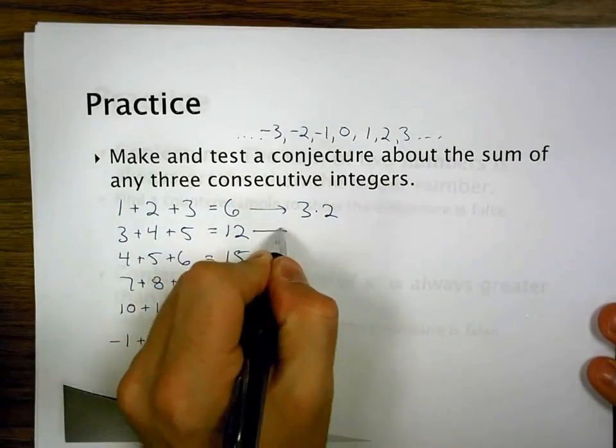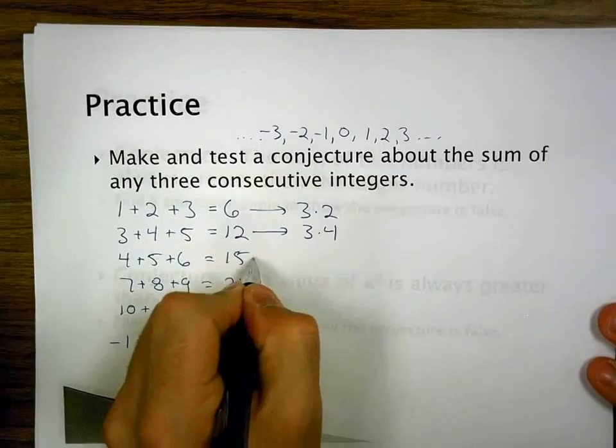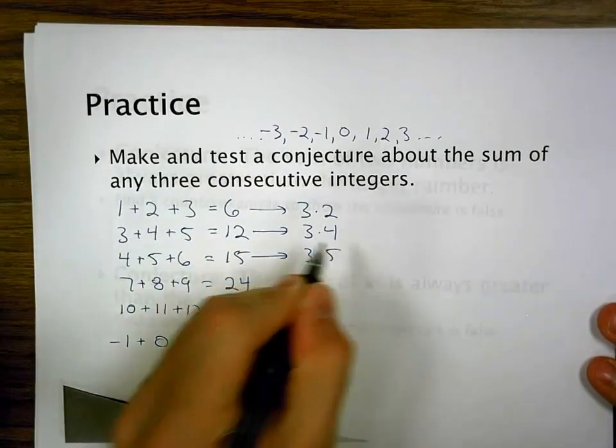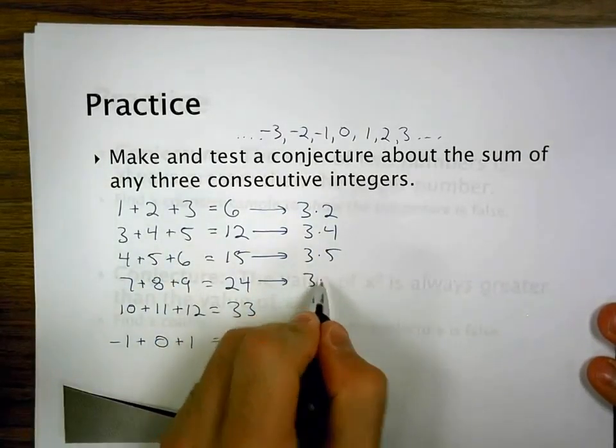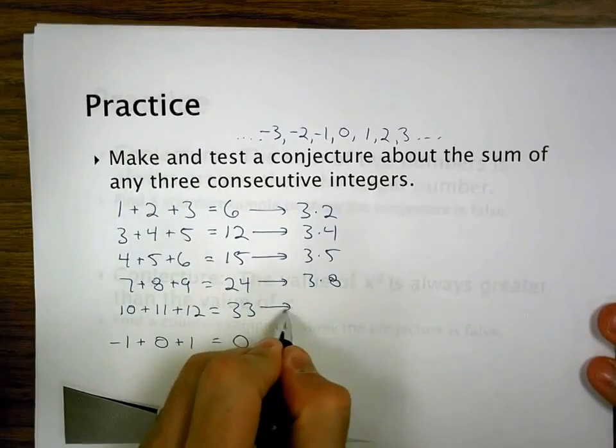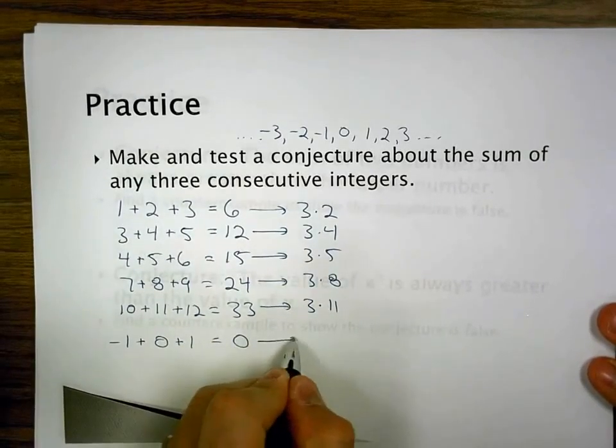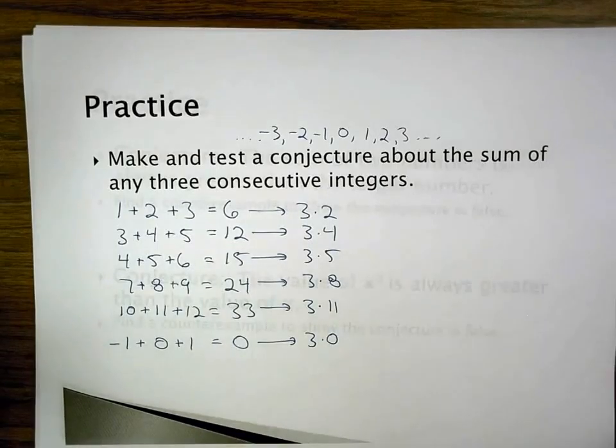This is 3 times 2, 3 times 4, 3 times 5, 3 times 8, 3 times 11, and although that's 0, that's 3 times 0. So we could actually state the conjecture here that the sum of any 3 consecutive integers is a multiple of 3. That would be true, but we can actually go a step further.